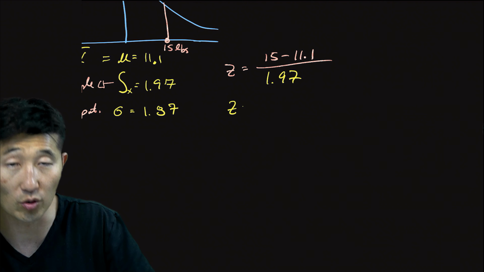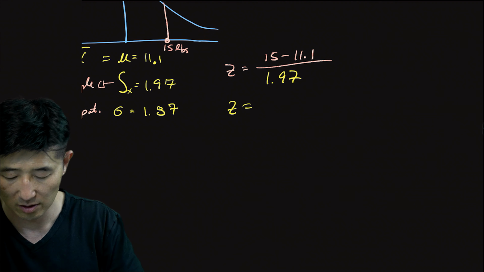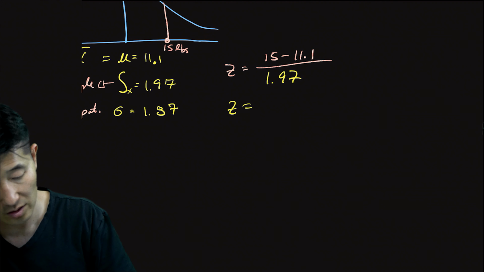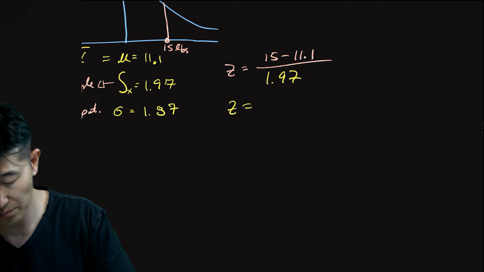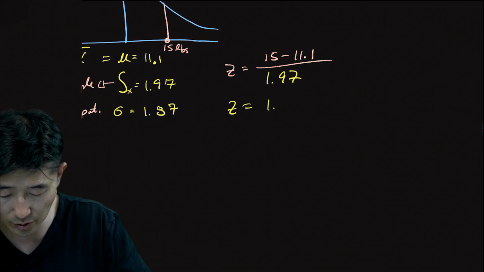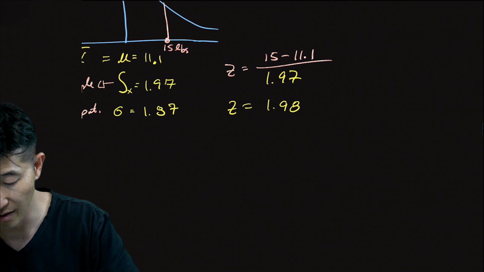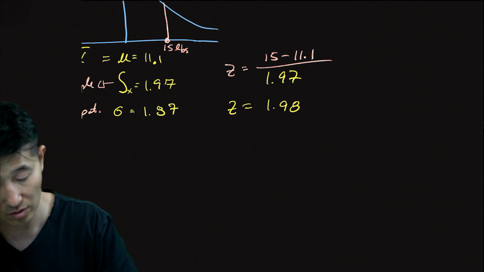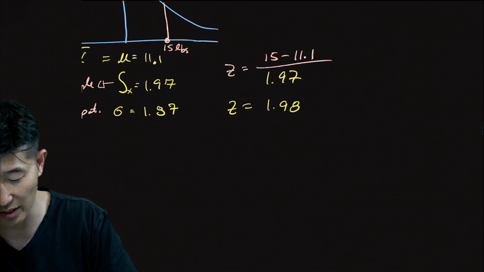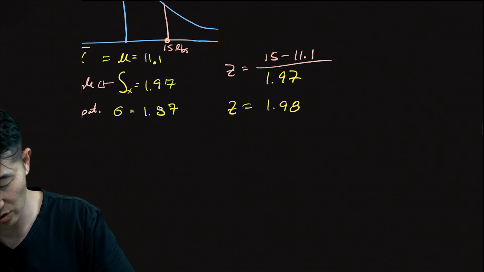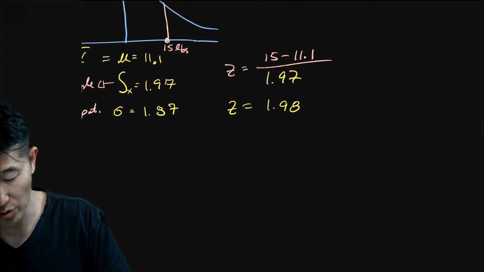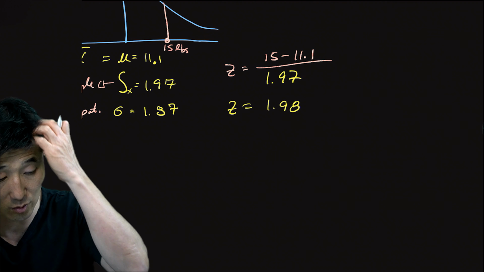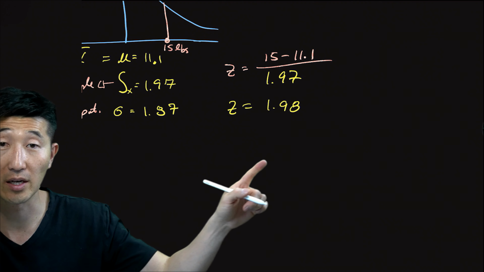Okay, let's calculate this. What do you get? 15 minus 11.1 divided by 1.97. I got 1.98. I got 2.03. Let me do it one more time. Oh man, what's going on with our answers here? 15 minus 11.1, 3.9, divided by 1.97. 1.979, so 1.98, right?